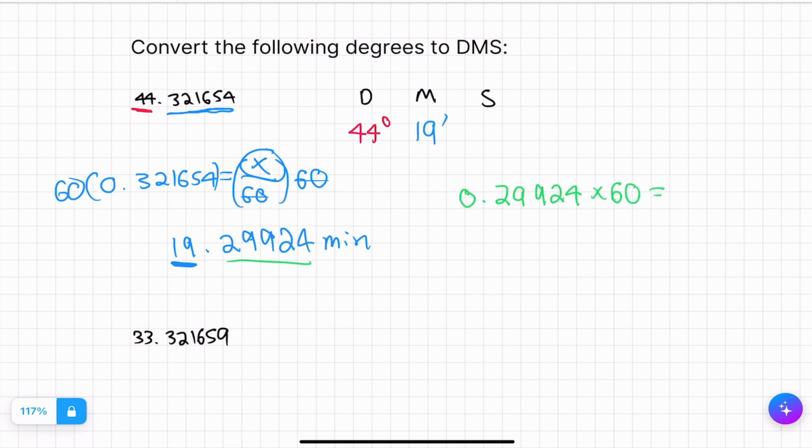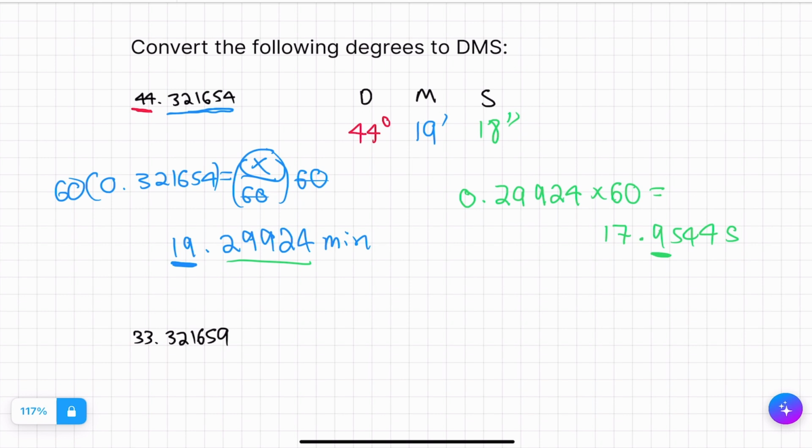When we plug that into the calculator, we'll get 17.9544 seconds. I'm going to round 17 up to 18 because we have a 9 here. And we'll write it above. We have 18 seconds. So our final answer is 44 degrees, 19 minutes, and 18 seconds.